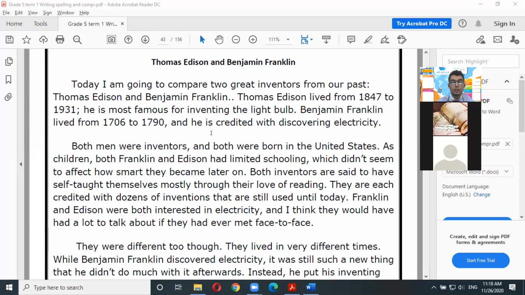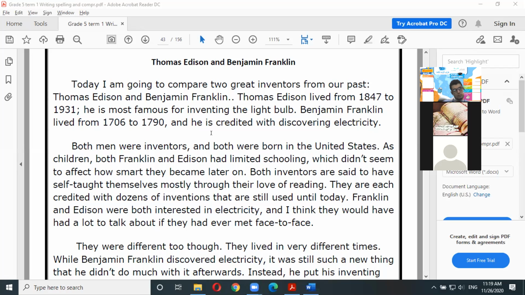Can you give me another contrast in the first paragraph? I need you to read it and give me another contrast, please. First paragraph, read it again. Okay, today I'm going to compare two great inventors from our past, Thomas Edison and Benjamin Franklin. Thomas Edison lived from 1847 to 1931.